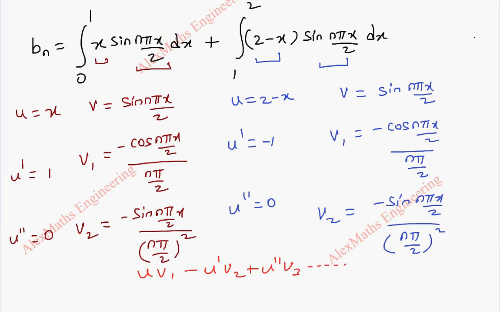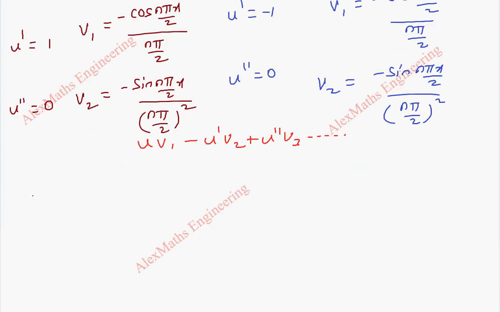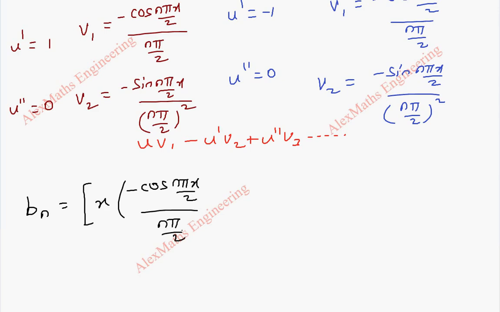Now coming to bn, u which is x, v1 is minus cos(n pi x / 2) by n pi by 2, minus u dash is 1, and v2 is minus sin(n pi x / 2) by (n pi by 2) whole square.